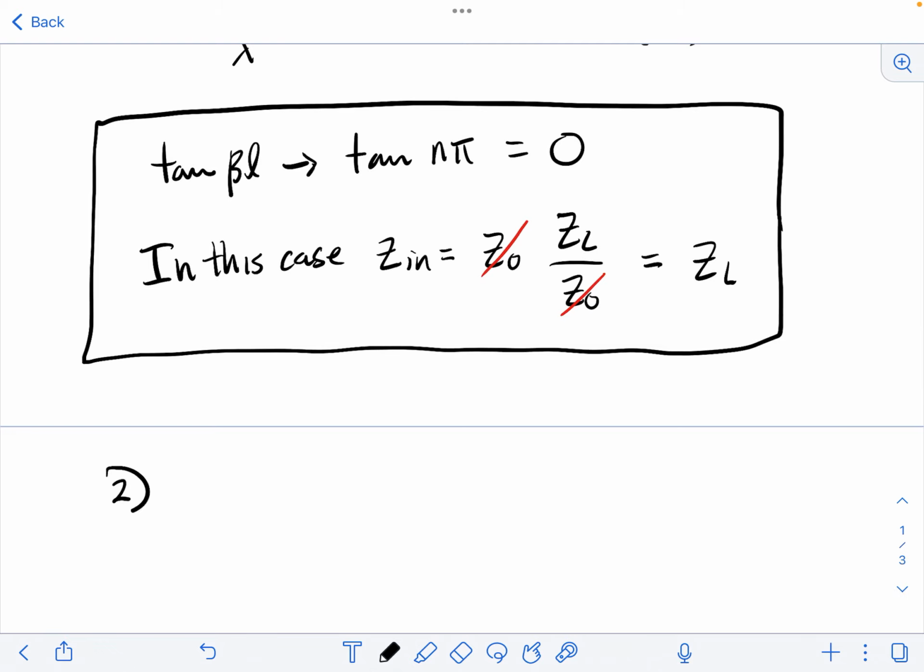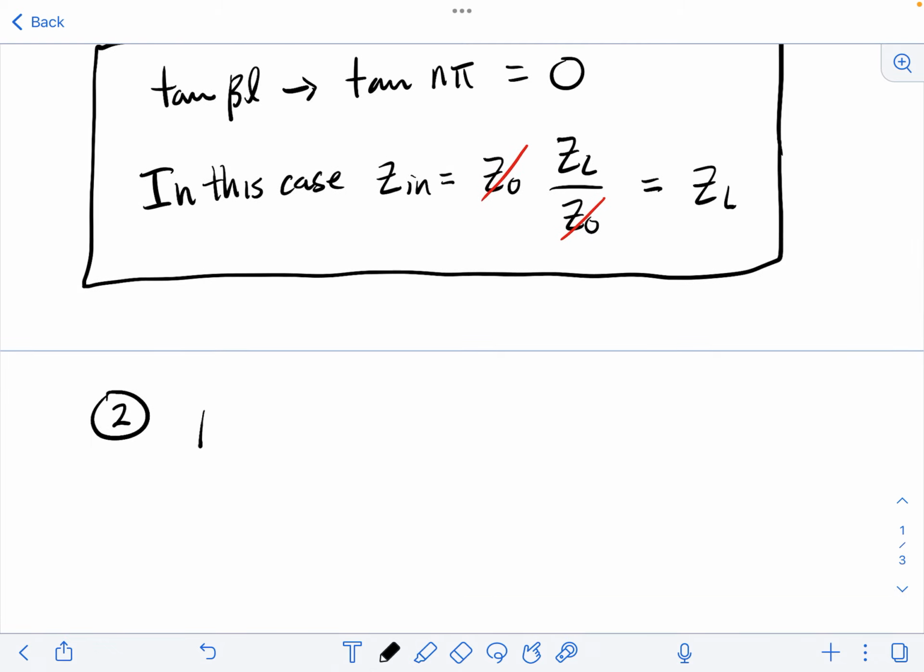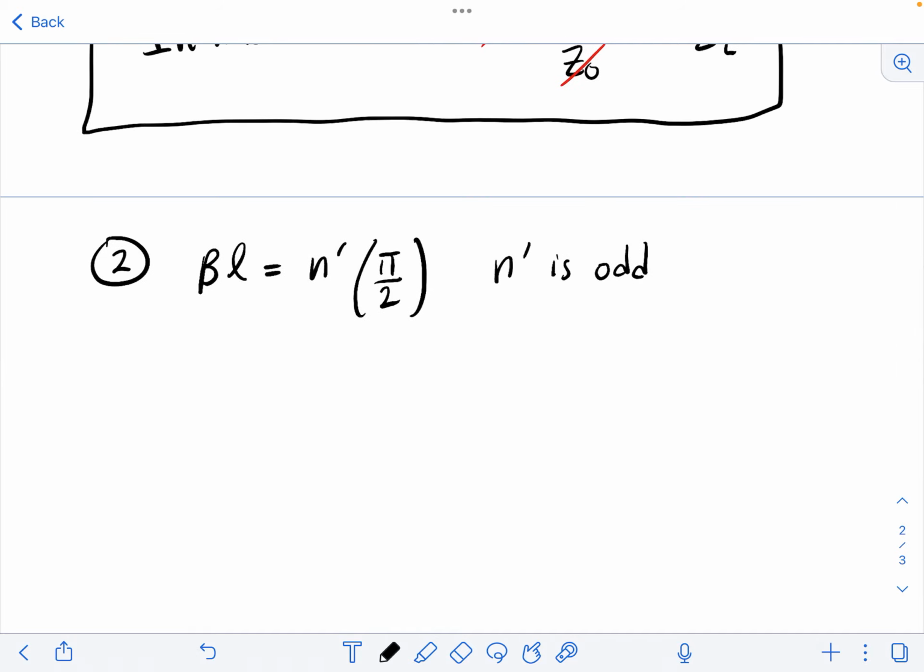A second case is we can choose to set beta L equal to n prime times pi over 2, where we specify that n prime is odd. We're not going to consider n prime being even, because then beta L is going to be some multiple of pi, which is just case 1, which we considered already. Let's again think about what that means physically for the length of our transmission line.